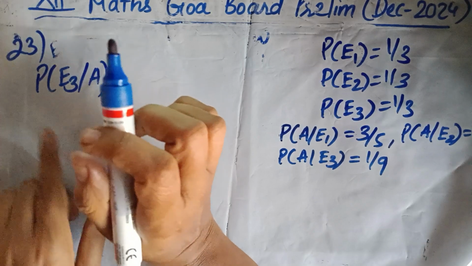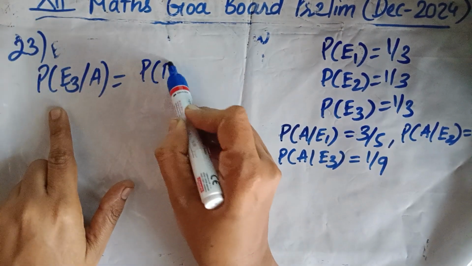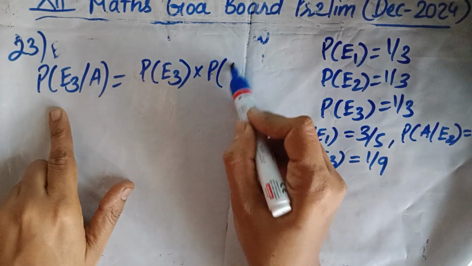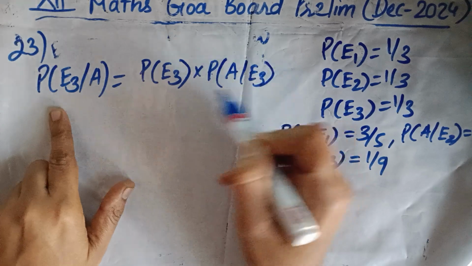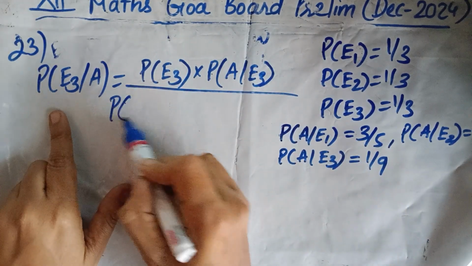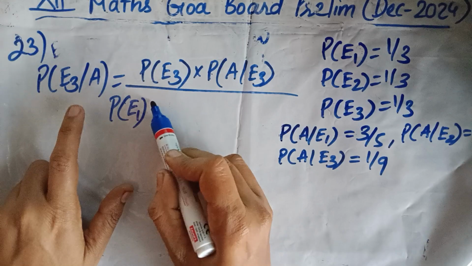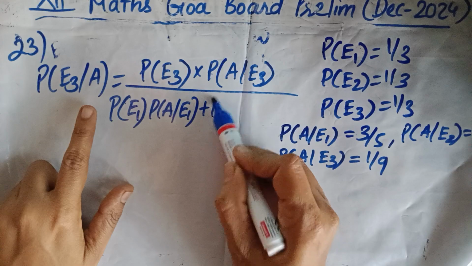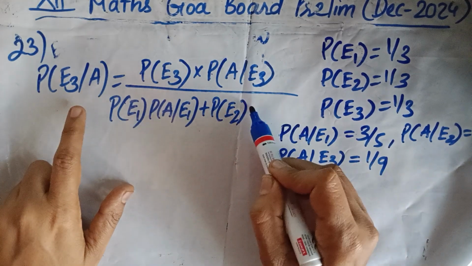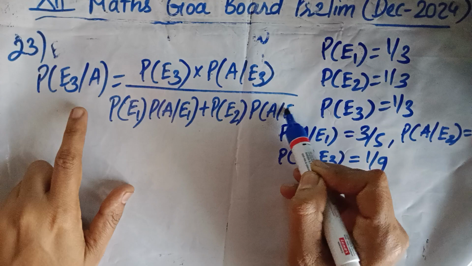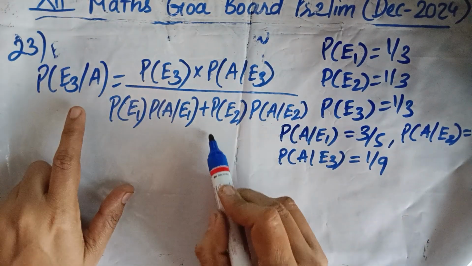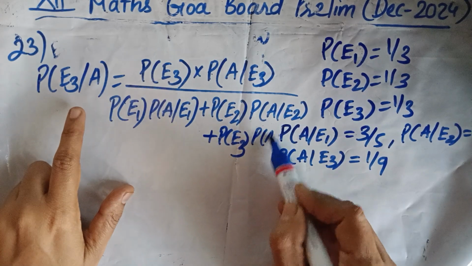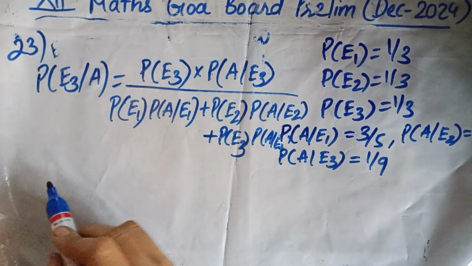Applying Bayes theorem, you will get P of E3 into P of A over E3, upon the sum of all three: E1 plus E2 plus E3 terms.